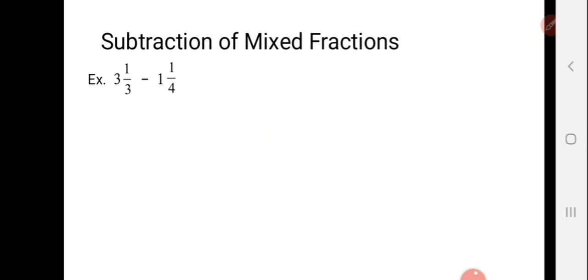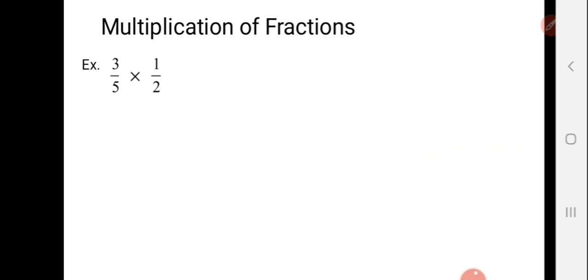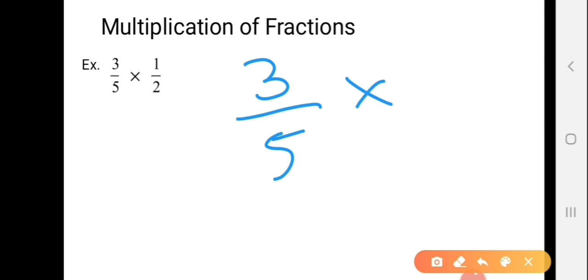Now there are only two topics remaining, that is division and multiplication of fractions. So our next topic is multiplication of fractions. It is super easy. It is nothing but 3 by 5, right? And 1 by 2.